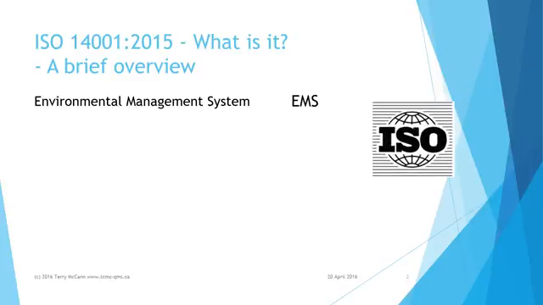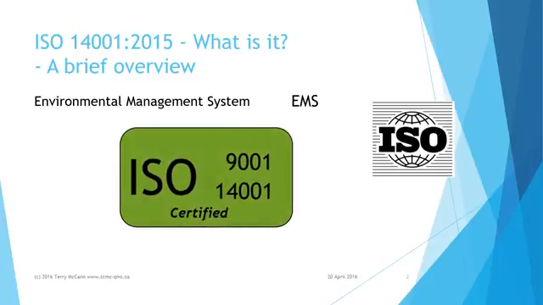The 2015 revision of the standard has a high-level structure almost identical to ISO 9001 2015 for quality management, which makes it easy and desirable to integrate environmental and quality policies, objectives, and processes into one management system.